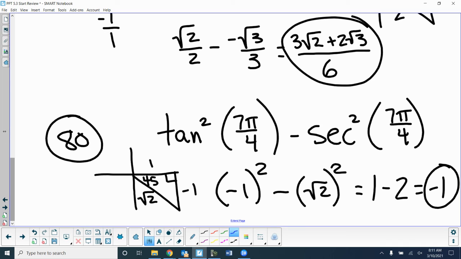So the tangent is -1 squared, makes it +1. The secant, again, reciprocal of cosine, so it's radical 2 over 1, which is radical 2 when I square it, is a regular 2. Square this is 1, 1 minus 2, -1. Again, exact answers. No calculator needed.